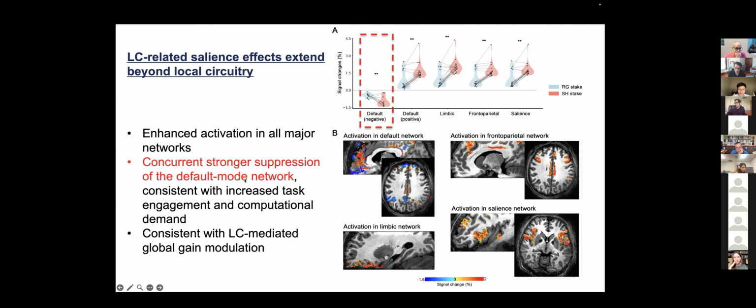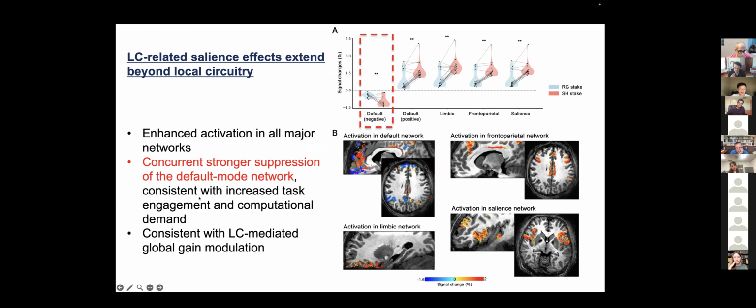This is consistent with the default mode network role, because during some tasks, if you have increased attention load or computation demand, the default mode network will be suppressed. So we also see the default network suppressed to help the subject redistribute computation resources for better decision-making behavior.